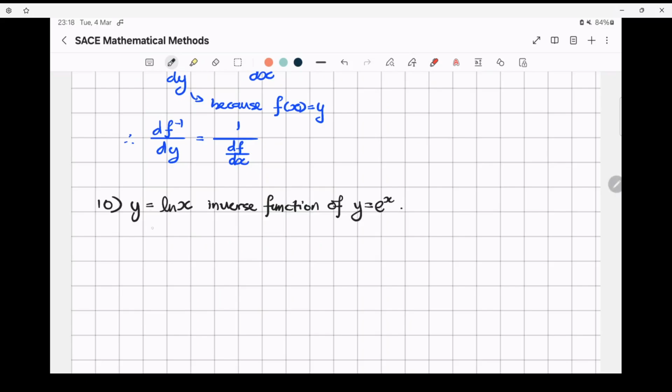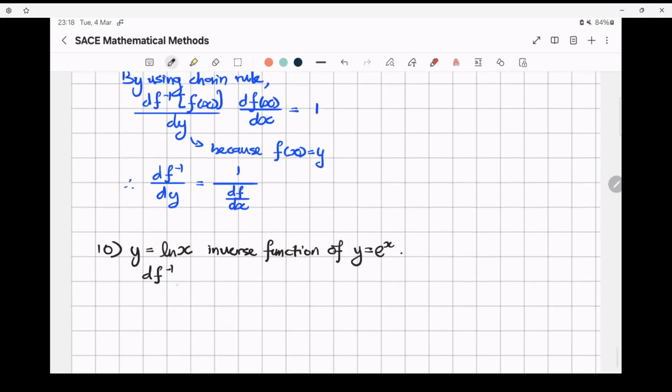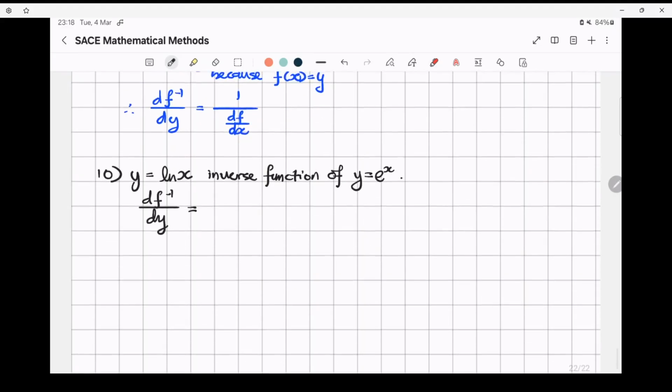So from the formula above, the differentiation of the inverse is given by 1 over the differentiation of the original function, which is e to the x, because differentiation of e to the x gives you e to the x.